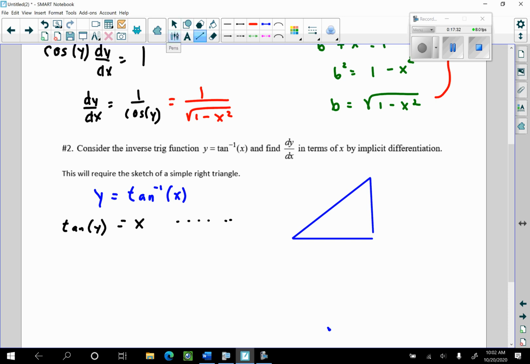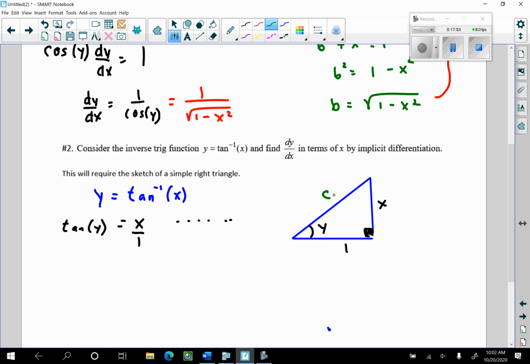I will sketch the right triangle. And this guy right here is going to be y. And I know that the tangent is opposite over adjacent, so this x is simply x over 1. So this is x, this is 1. Keep in mind this is a right triangle, right angle.